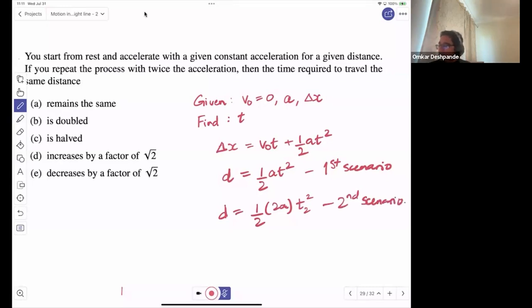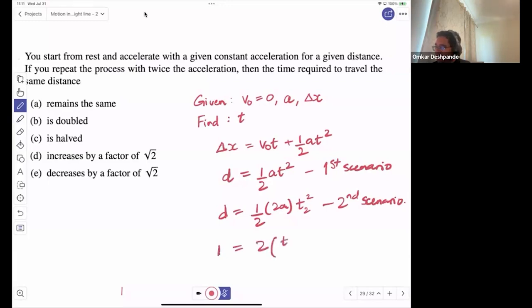Well, we can take just the ratio of these two equations, right? Let's say we take the second equation and we divide it by the first equation. So on the left hand side, we'll get 1. On the right hand side, we will get 2a divided by a, which is 2.